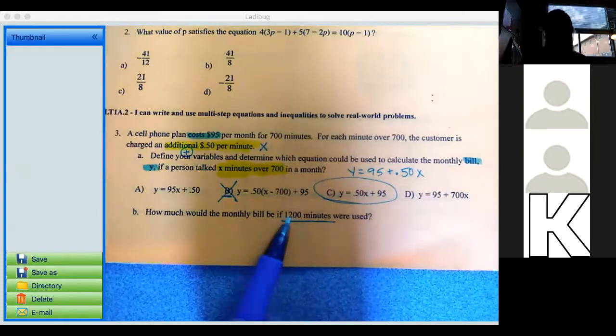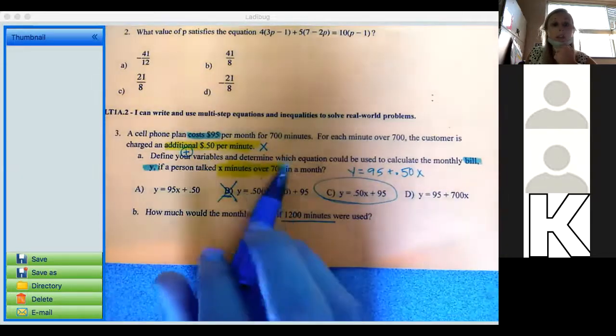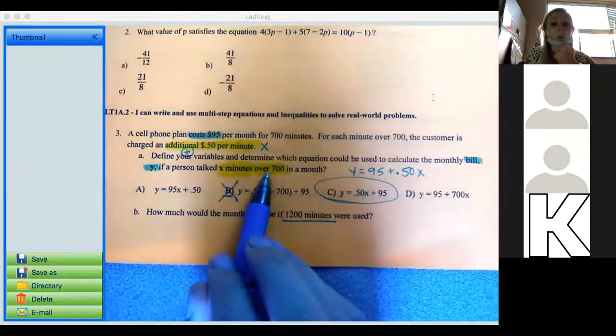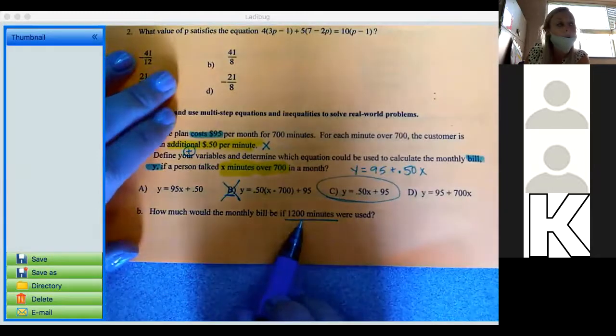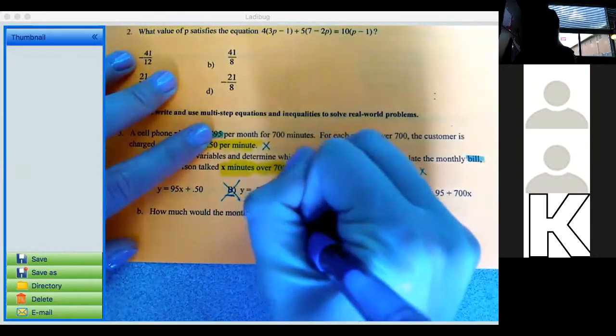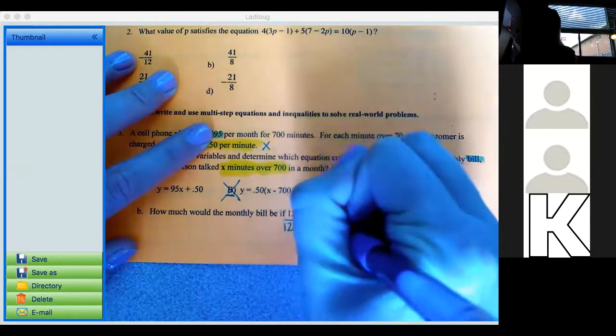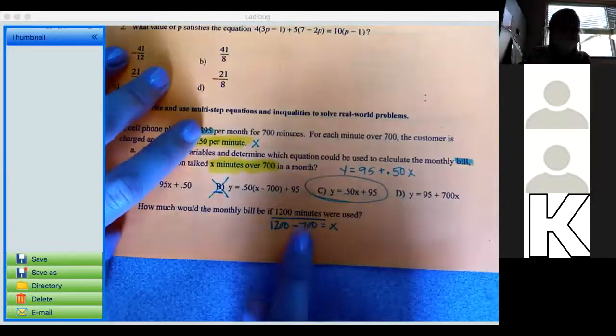But we can't just put in 1,200. I think this is where some of y'all messed up. You can't just put in 1,200 because the X is the minutes over 700. So how do I figure out how many minutes over 700 I used? Good. 1,200 minus 700 equals my X. So what should your X be here?